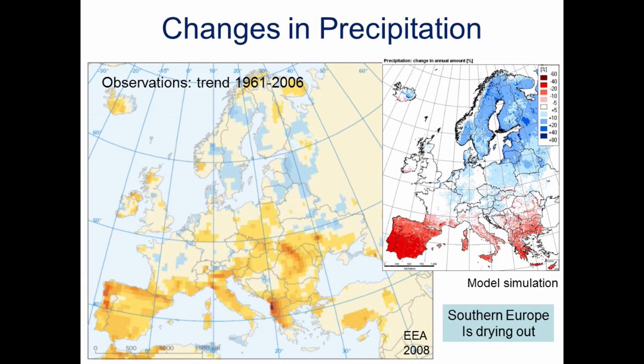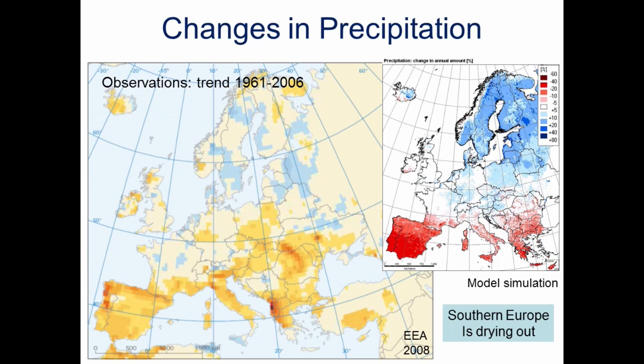We'll look at the consequences and the observations of changes in the distribution of precipitation. So this map shows the observed trend in precipitation in Europe between 1961 and 2006. The oranges and reds show declining precipitation. The blues, such as up here in northwestern Russia and Scandinavia, show increasing precipitation.